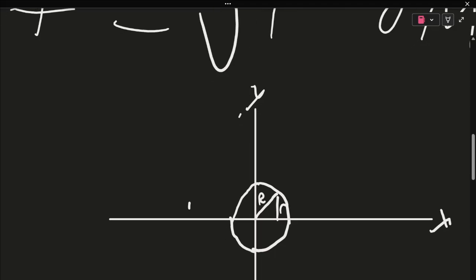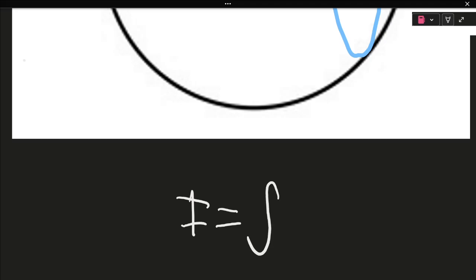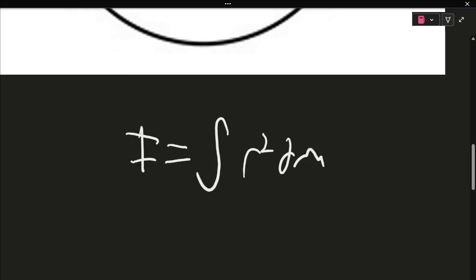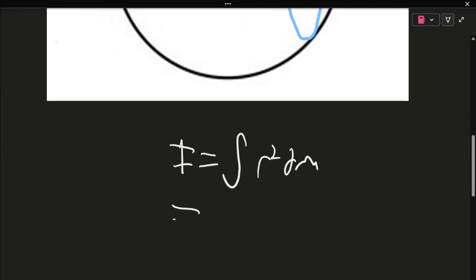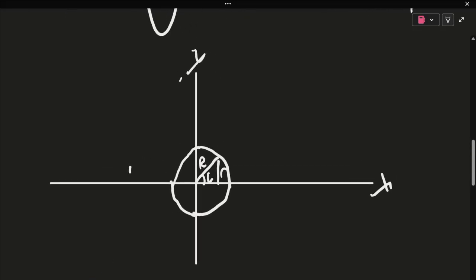What we want to do is make a function of r, because we want to know the different radiuses of our different sections of mass. So we're going to try to find an equation that gives us our radius squared in terms of theta.